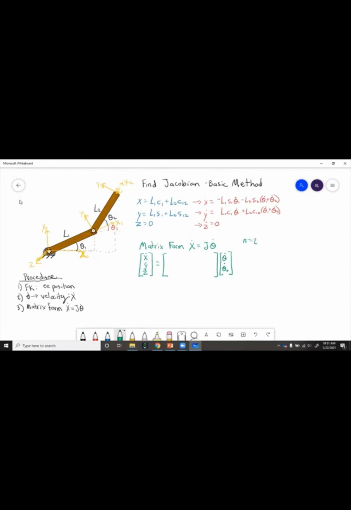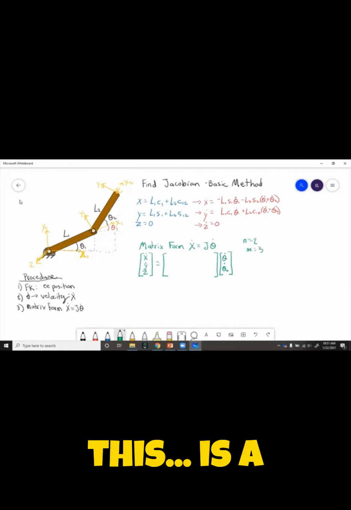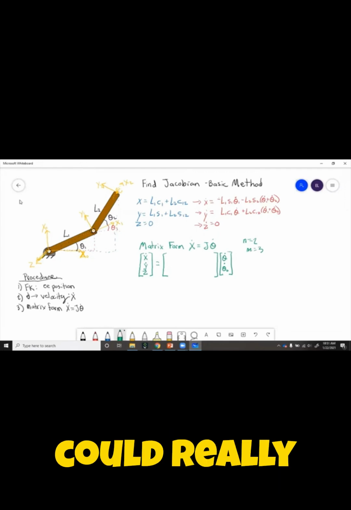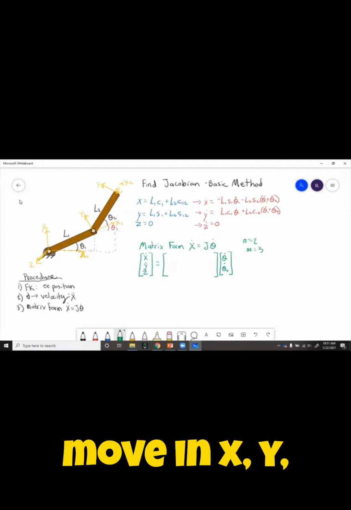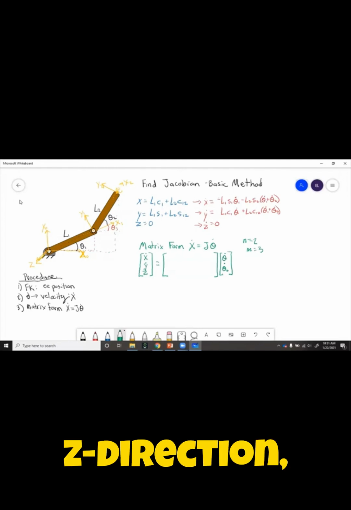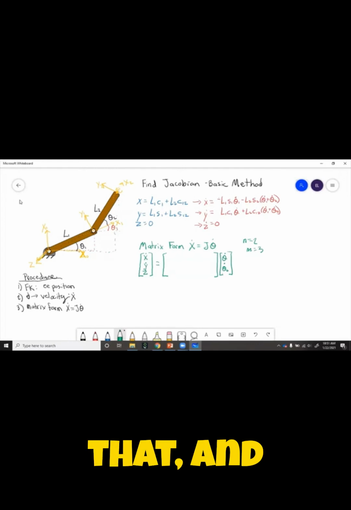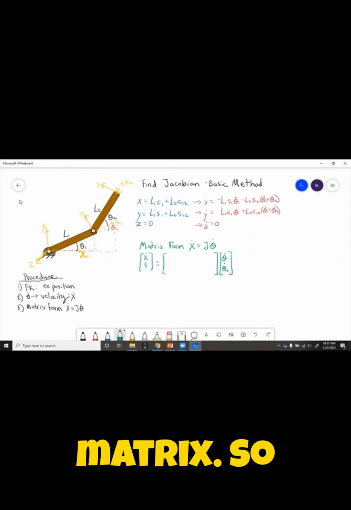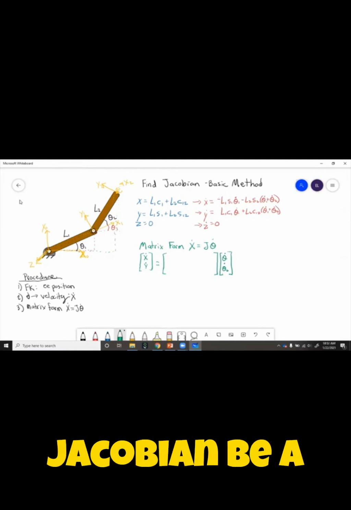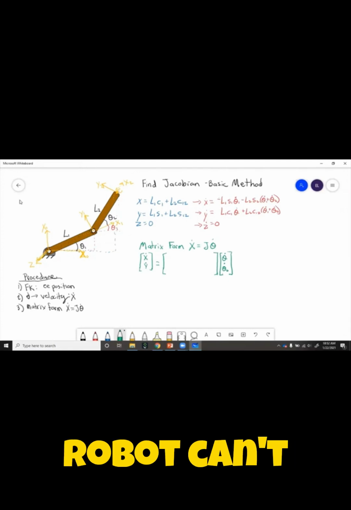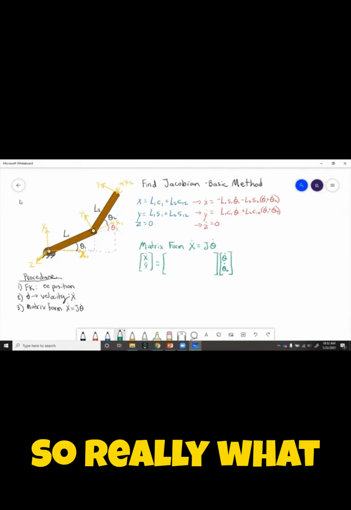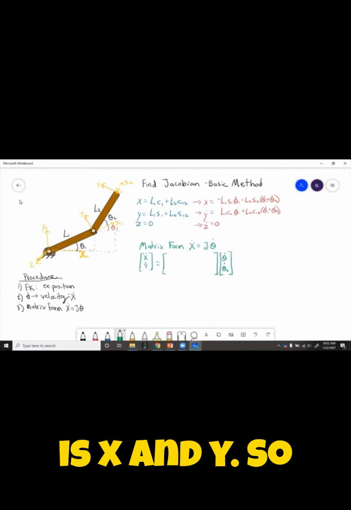And m is 3 because this is a two-dimensional robot, so we could really move in x, y, and theta. We can't move in the z direction, so we're going to get rid of that, and we're going to make this become a 2x2 matrix. So here we can make the Jacobian be a 2x2 because this robot can't move in the z direction. So really what we care about is x and y.